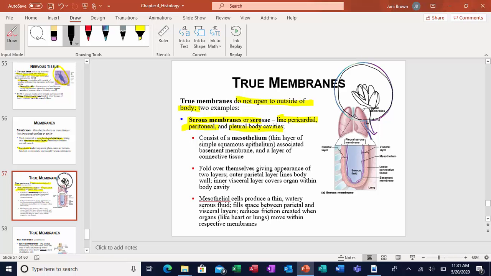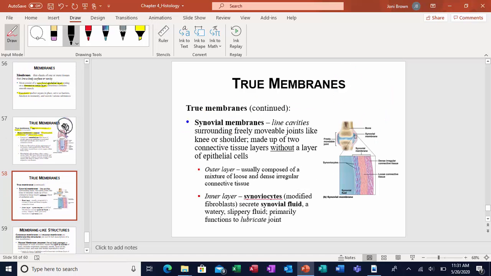And they help to reduce friction because there's movement that's going to occur within these membranes. They secrete a watery fluid that helps to decrease friction. Synovial membranes are another type of true membranes. These line the cavities in your joints, and they have 2 connective tissue layers.